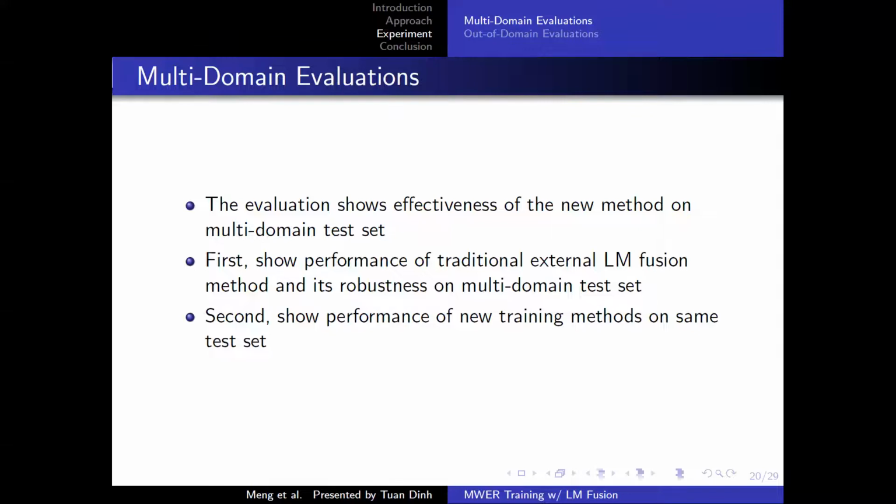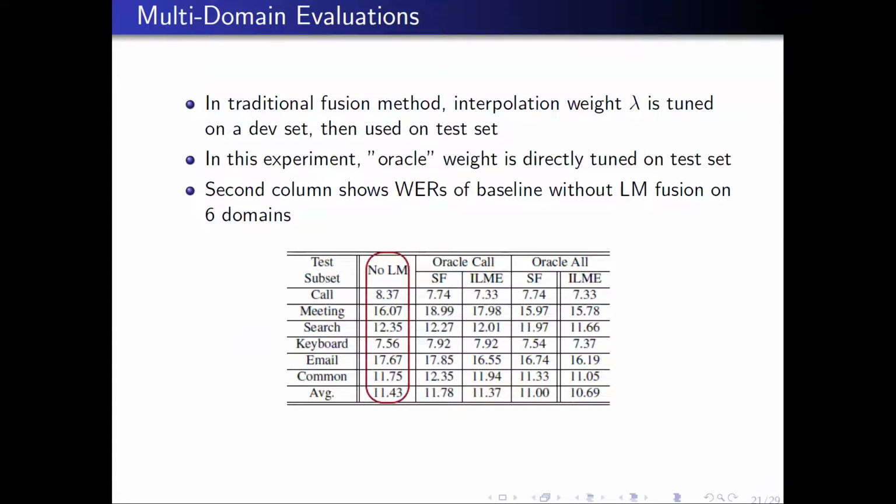Then they show the improved performance of their methods on the same dataset. Recall that in traditional fusion methods, the interpolation weight lambda is tuned on one dataset and used on another. In this experiment, the Oracle weight is tuned directly on each dataset.